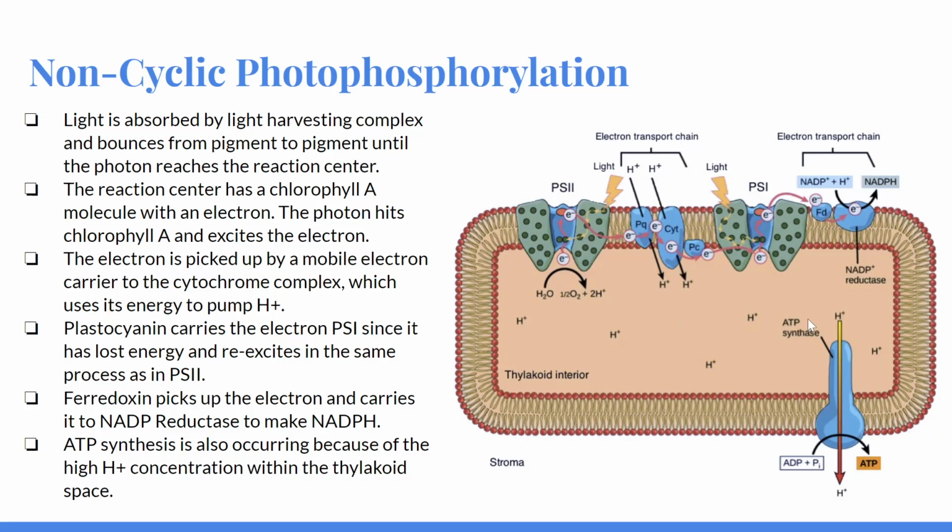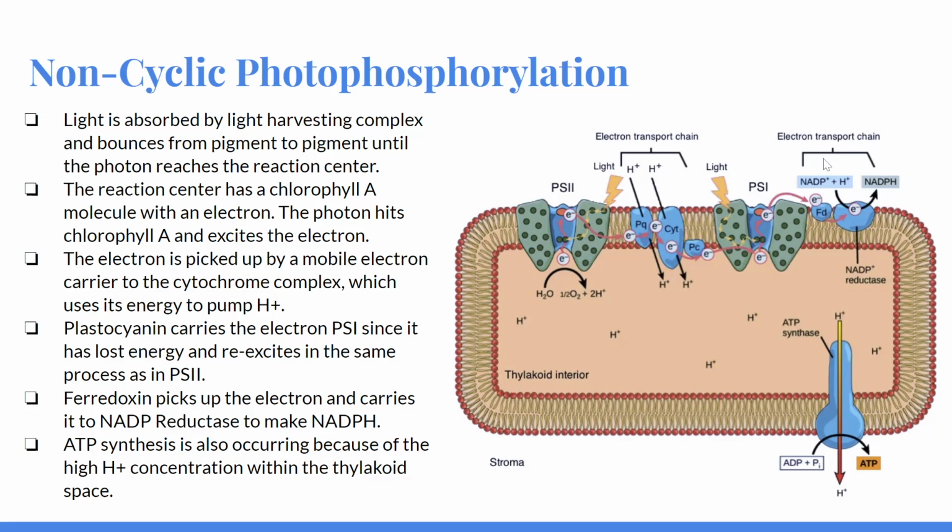And when it naturally diffuses in, it provides energy for ATP synthase. ATP synthase will take ADP and inorganic phosphate, and then that energy provided by those H pluses flowing in after it's pumped out will provide the energy to make this into ATP.